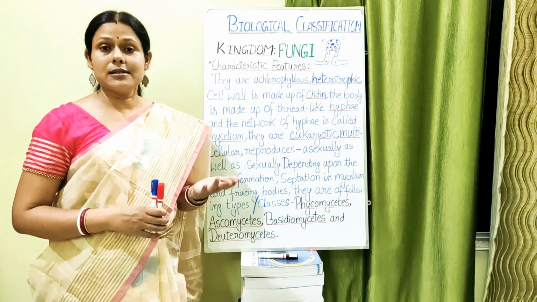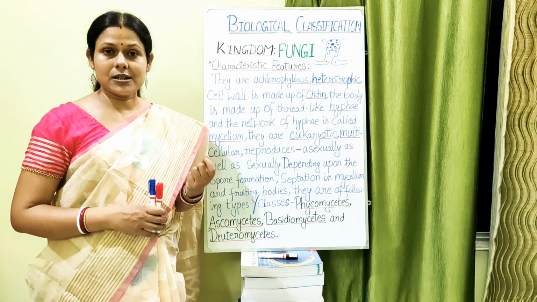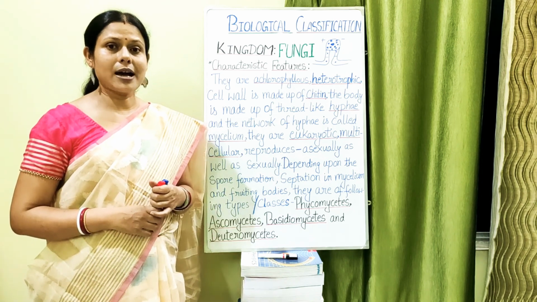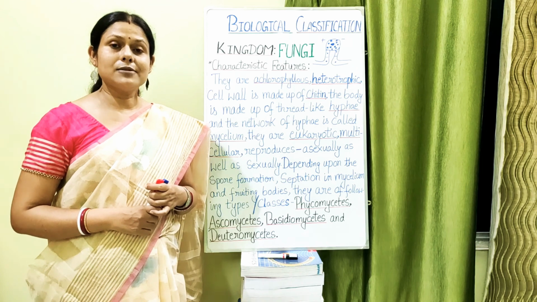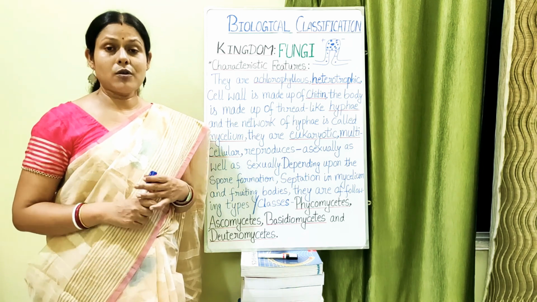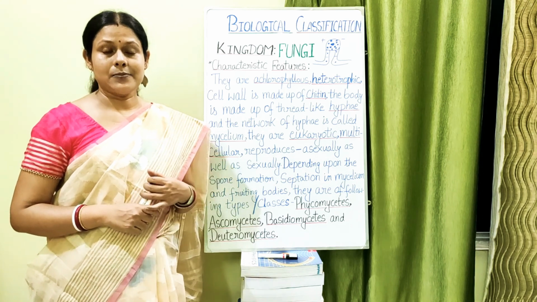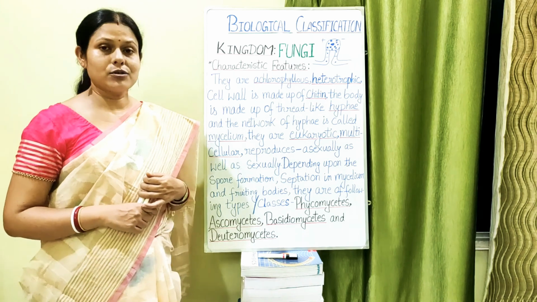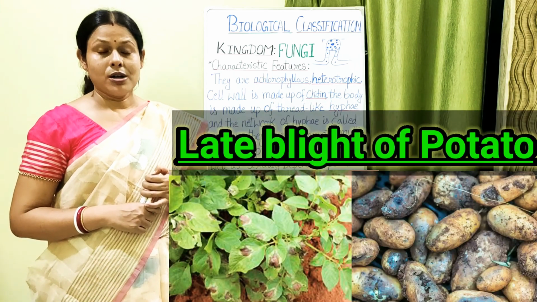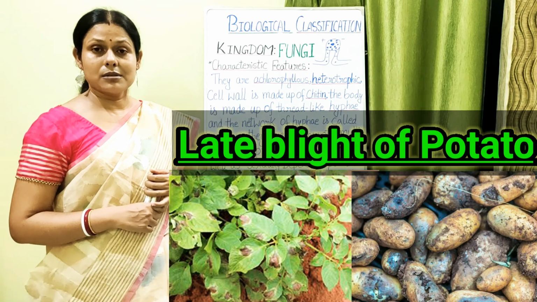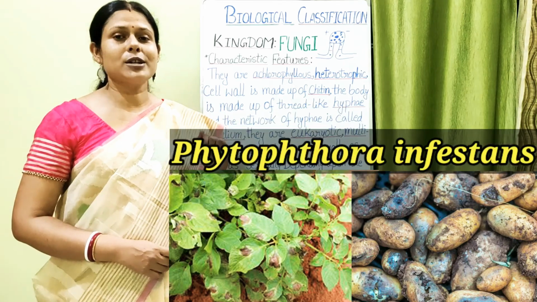Phycomycetes cause diseases of various plants because they affect our crop plants. You might have heard about the Irish famine. It took place in 1845, and as a result the total potato production of Ireland was badly affected. That was because of a disease called late blight of potato, caused by the fungus Phytophthora infestans.